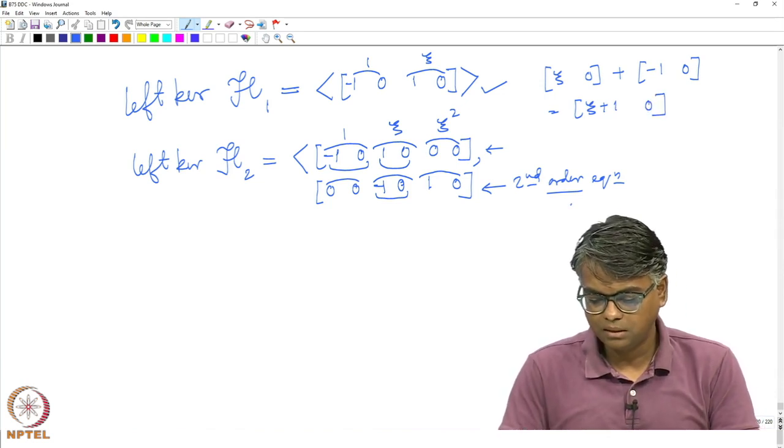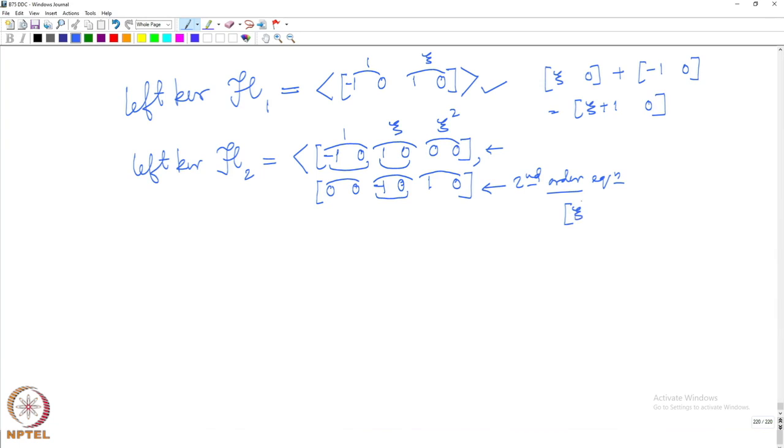What is this row vector? This row vector is xi squared 0 plus minus xi 0 plus 0 0, which is nothing but xi squared minus xi and 0, but that is the same as xi times xi minus 1 0. I am sorry, I wrote plus 1 by mistake, it should be minus 1.